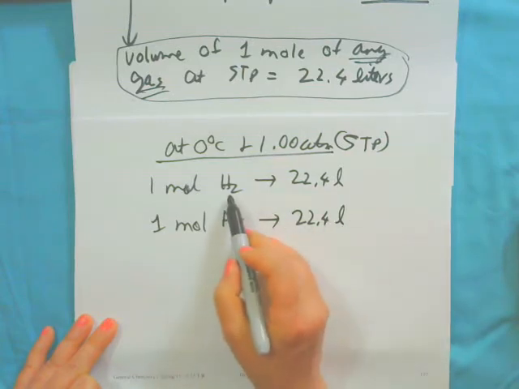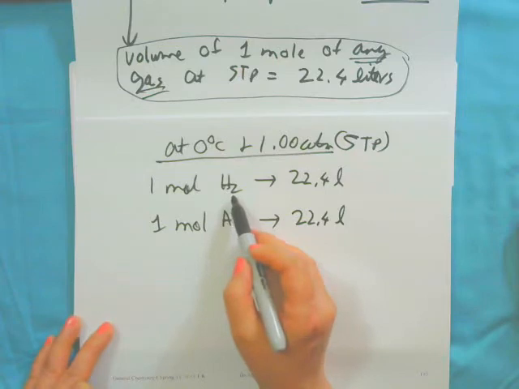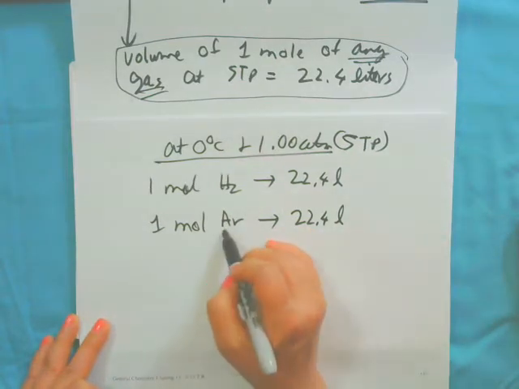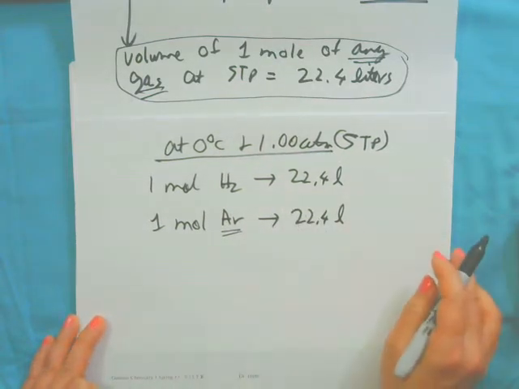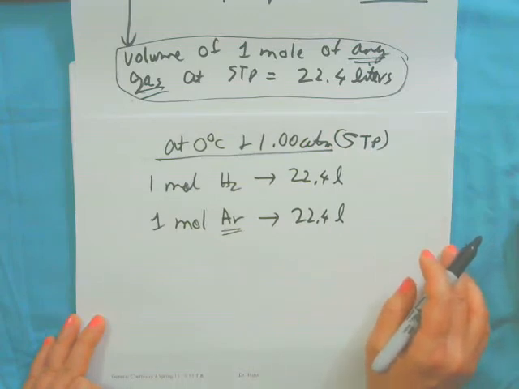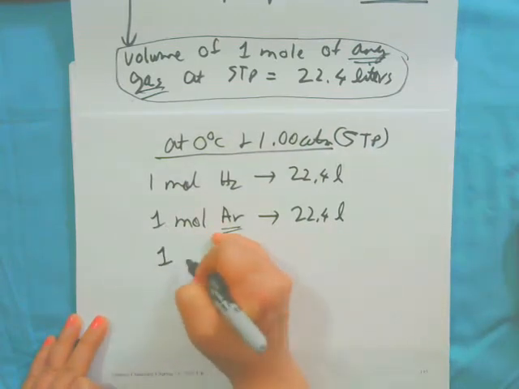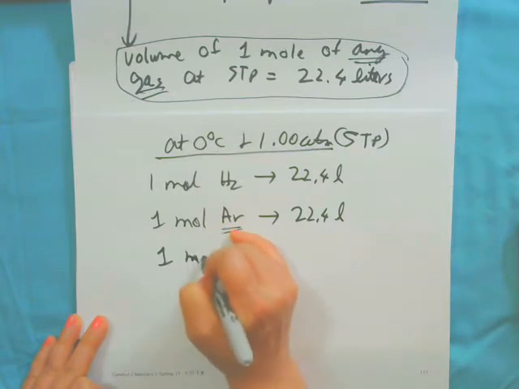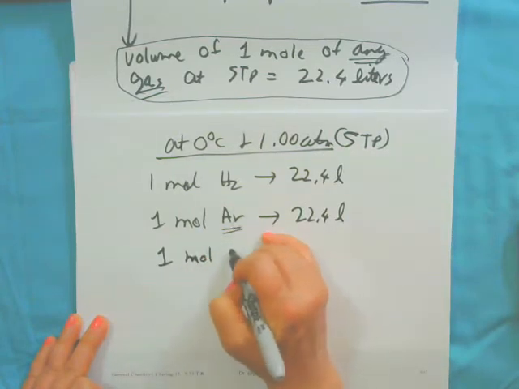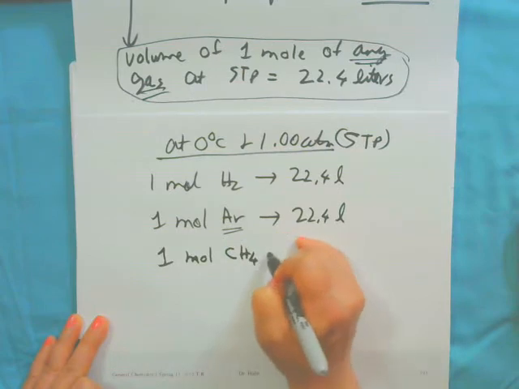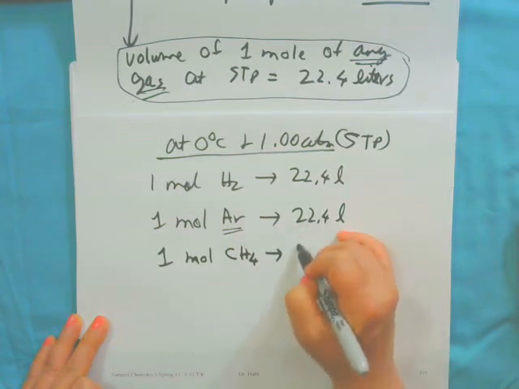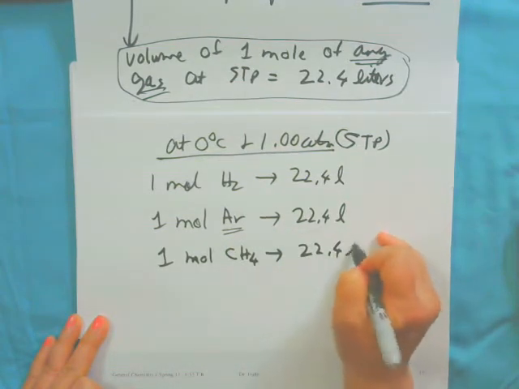Now, note, this is H2, the molecule H2, so it actually has 2 hydrogen atoms in the molecule. Here, we just have the element argon with 1 atom of argon in the molecule. And even a relatively large molecule like methane, CH4, still only occupies 22.4 liters.